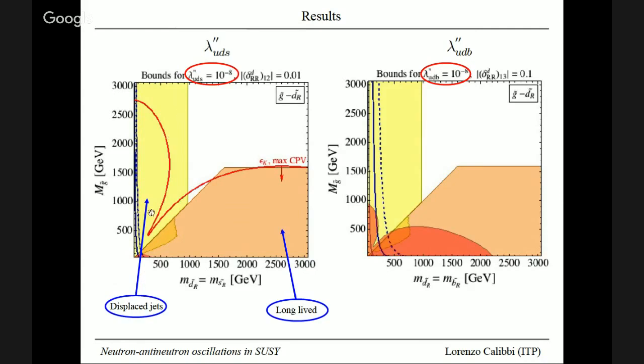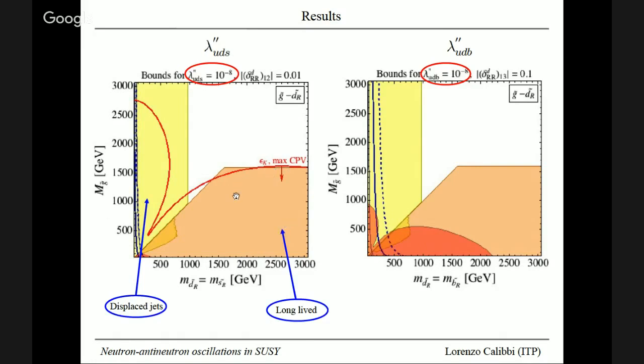In this case, the squarks are also long-lived. They cannot decay promptly because the coupling is too small. The decay is too slow. So also in this case, we have a constraint from displaced vertices on squark, which gives a bound of about 1 TeV, and one of the strongest constraints on supersymmetric particles so far. So a constraint on long-lived gluinos, which is more than 1.5 TeV on this part of the plane.